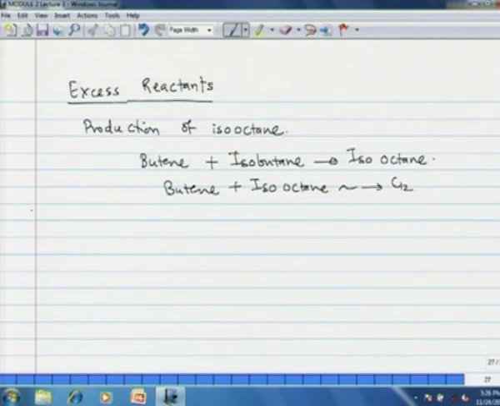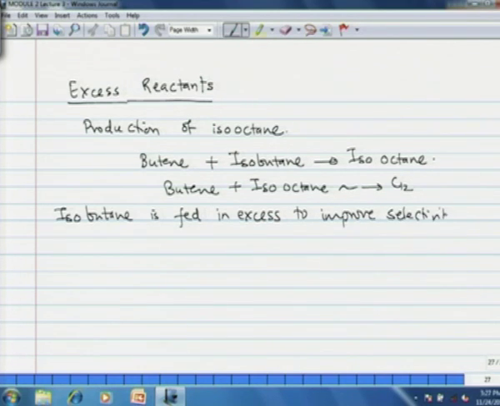Okay. Now, in this case butene is an unsaturated molecule, so it has high reactivity, and therefore isobutane is fed in excess. And this improves the selectivity towards isooctane formation.